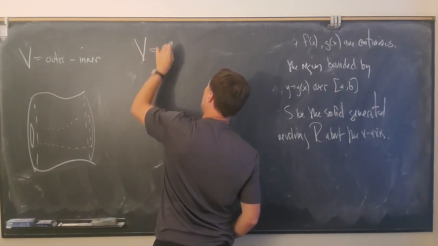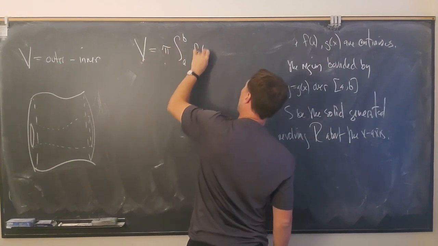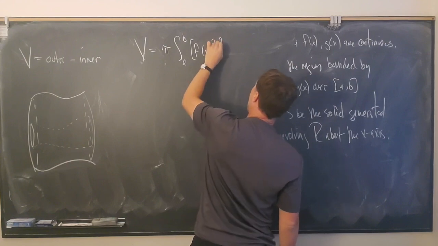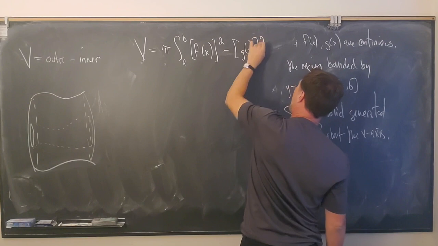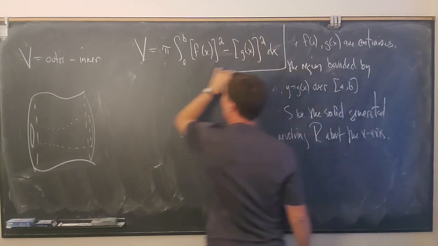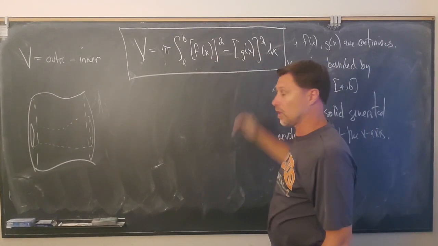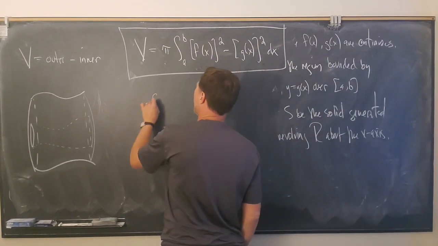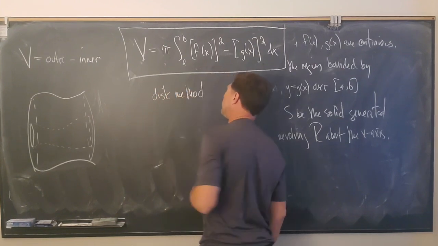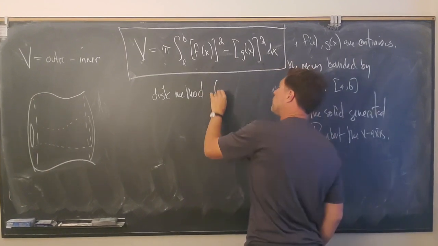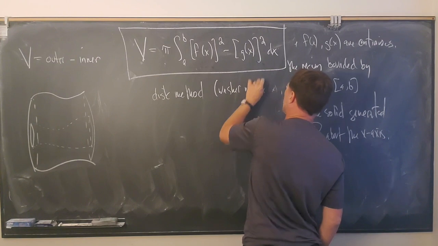Volume equals pi times the integral from a to b of top function squared minus bottom function squared, right? That's going to give us outer solid minus inner solid. I refer to this as the DIS method also. Sometimes, though, books will refer to this as the washer method. I just call it the DIS method, though.